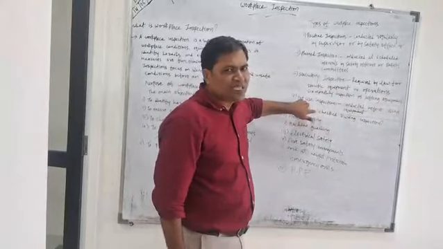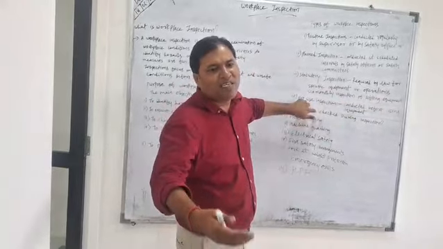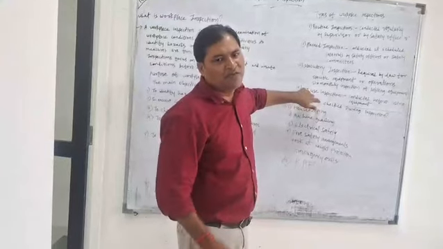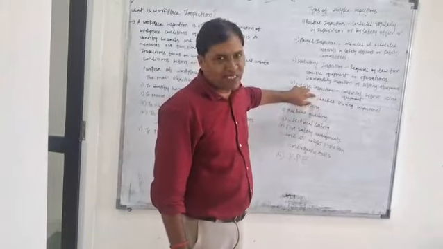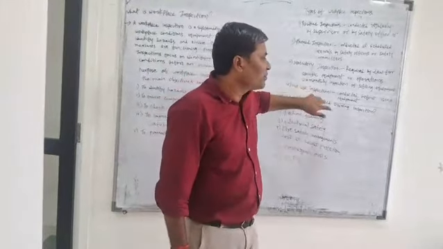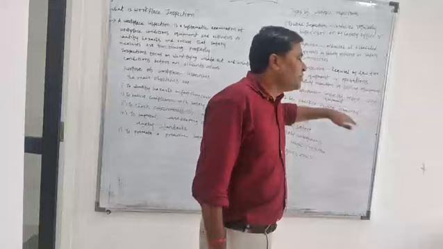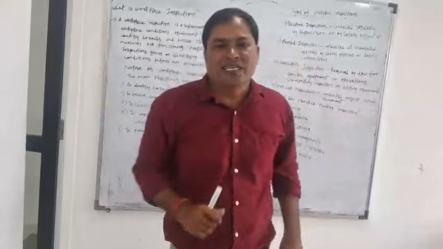Then pre-use inspection, which you do when you want to use the machine. If you want to run any machine, you have to go for the pre-inspection checklist. So the pre-use checklist, pre-inspection checklist is conducted before you use that machine.